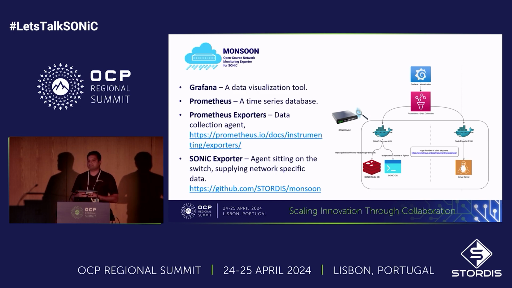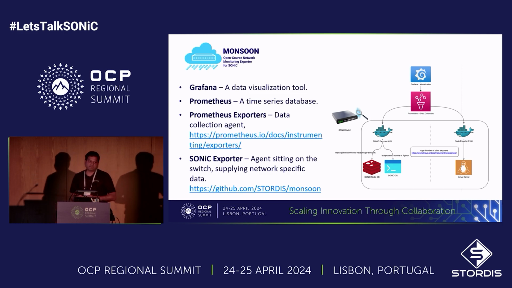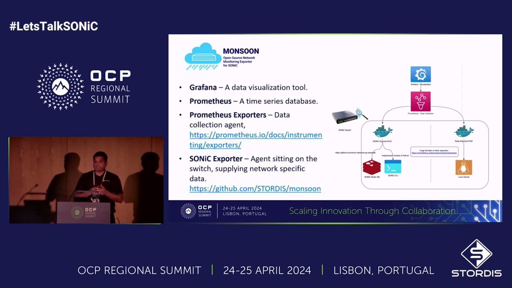So Prometheus is a time series database which maintains a database in a predefined frequency that has been configured for Prometheus. So it keeps on collecting data from where? It collects data from its exporters. Prometheus in its community has a huge number of exporters already available, supplying different kinds of metrics.